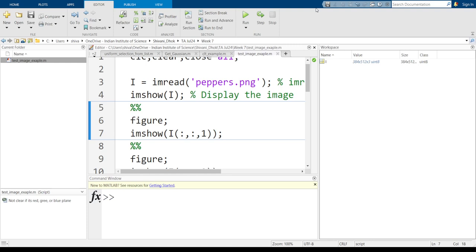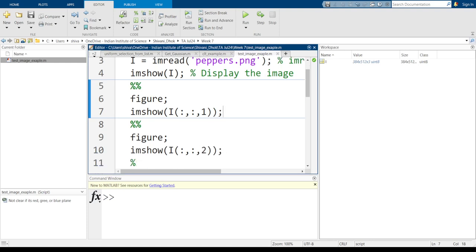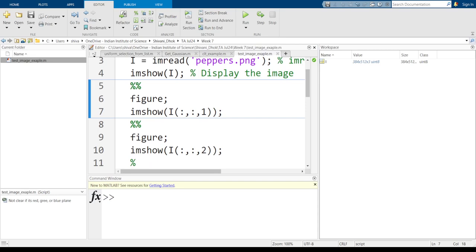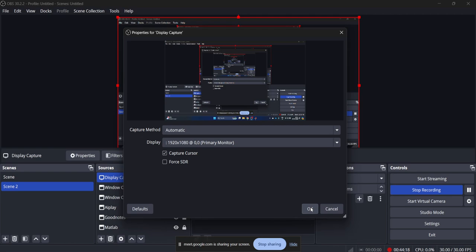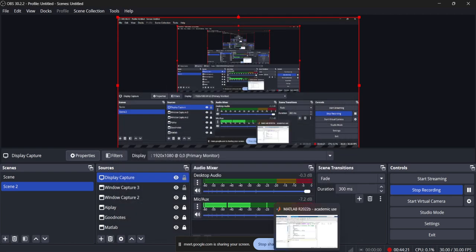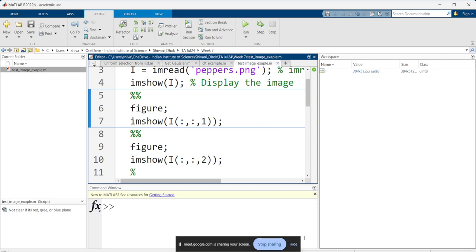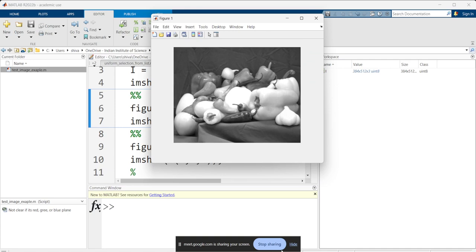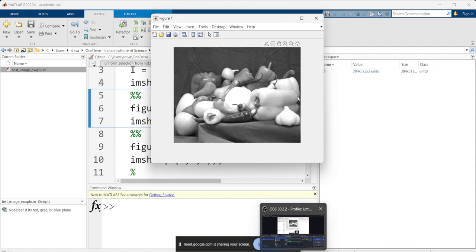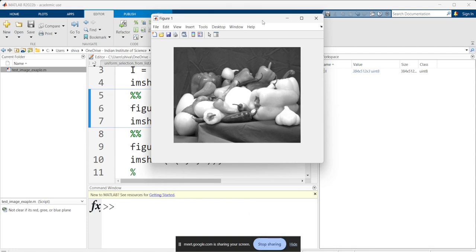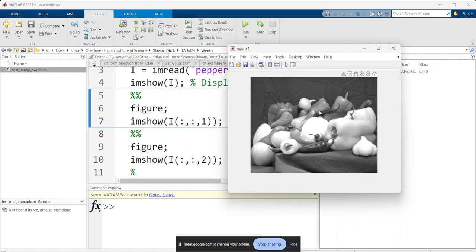This is a gray image. If I run it this way, it will be a gray image. If I run this, I'll have this image coming up here. You can observe that this is the first plane that I'm plotting, but it's still showing as gray.